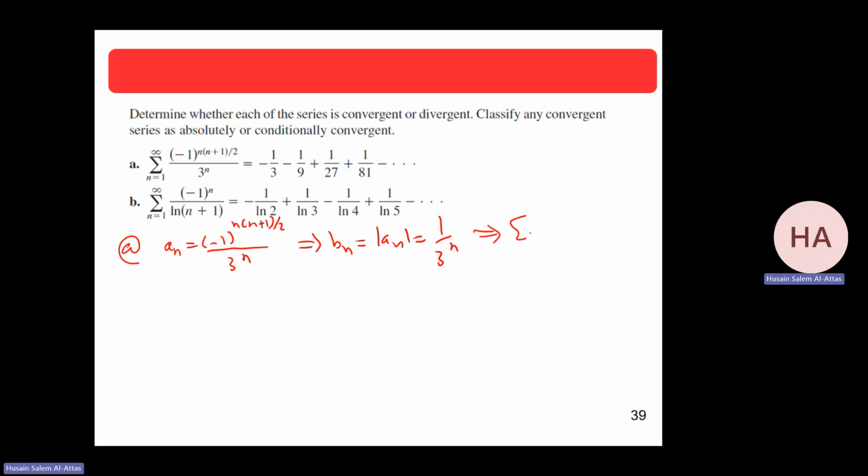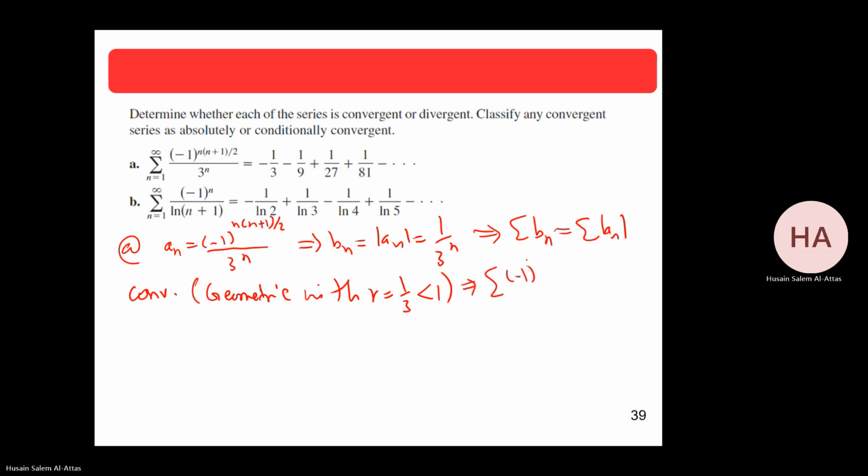So the series converges. Why? It's geometric with r equal to 1/3, less than 1. So this series is absolutely convergent.